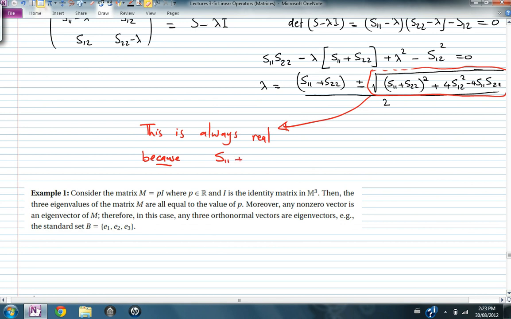What's under the square root, S11 plus S22 squared plus 4 S12 squared minus 4 S11 S22, is in fact equal to S11 minus S22 squared plus 4 S12 squared, which is always greater than or equal to 0, because this is a positive number and this is a positive number.